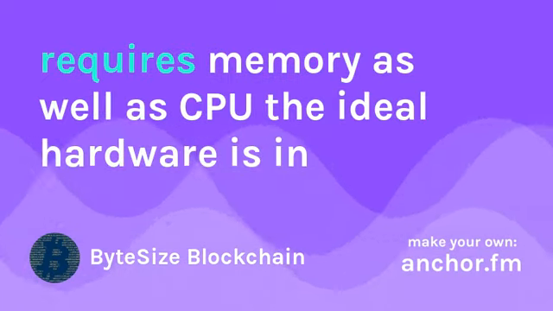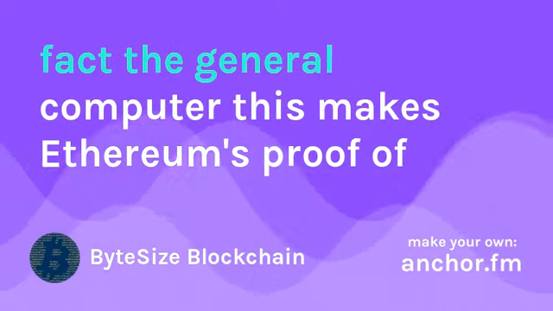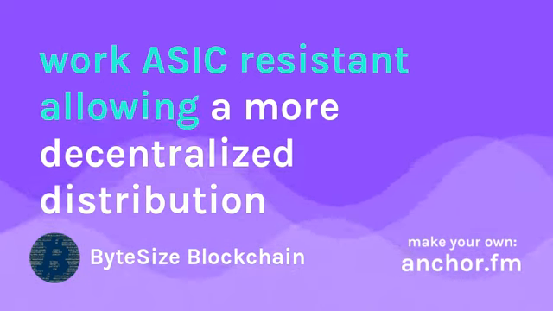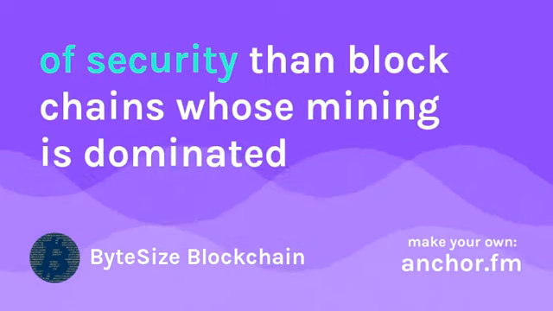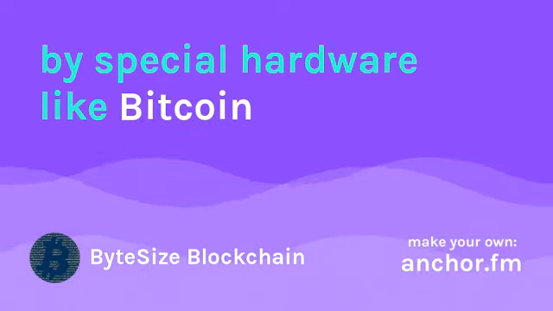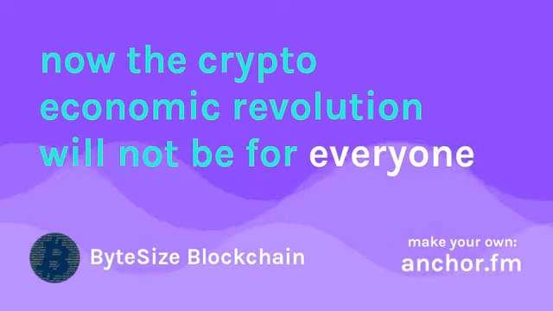If the problem requires memory as well as CPU, the ideal hardware is in fact the general computer. This makes Ethereum's proof-of-work ASIC resistant, allowing a more decentralized distribution of security than blockchains whose mining is dominated by special hardware like Bitcoin.